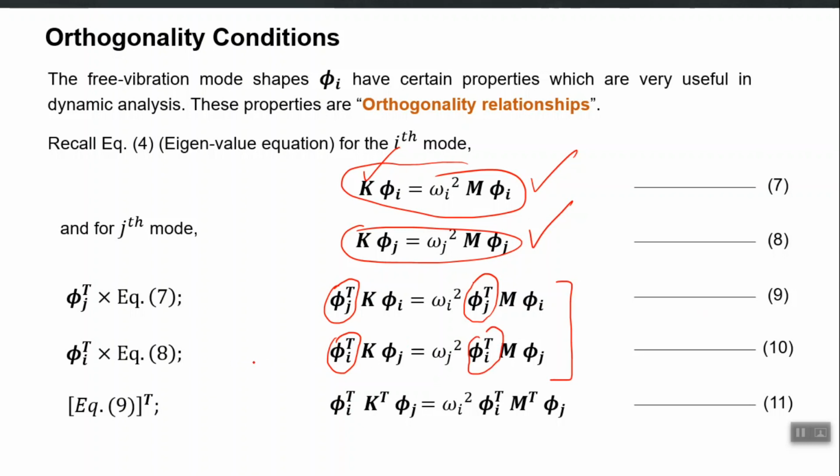Now, let us take the transpose of equation 9. Equation 9, you take the transpose on both sides, right. Let us see what it becomes. Phi j transpose, when you have transpose again, will simply become phi j.